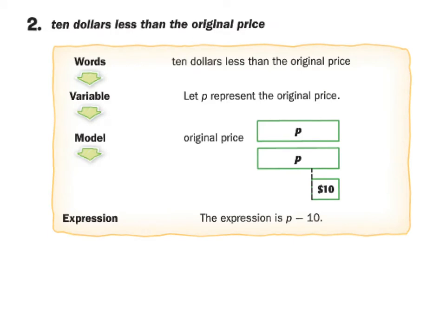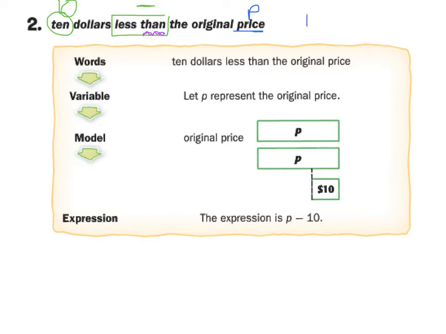So let's take a look at another one. Right away I look for my numbers. I see a 10 right there. And then my words that mean the operation would be right here. I have less than, so that means subtraction. And I have that special word than. So I know I'm going to have to do something special. Now I have to pick a variable. It's $10 less than the price, the original price. So I'm going to go ahead and use P for price.